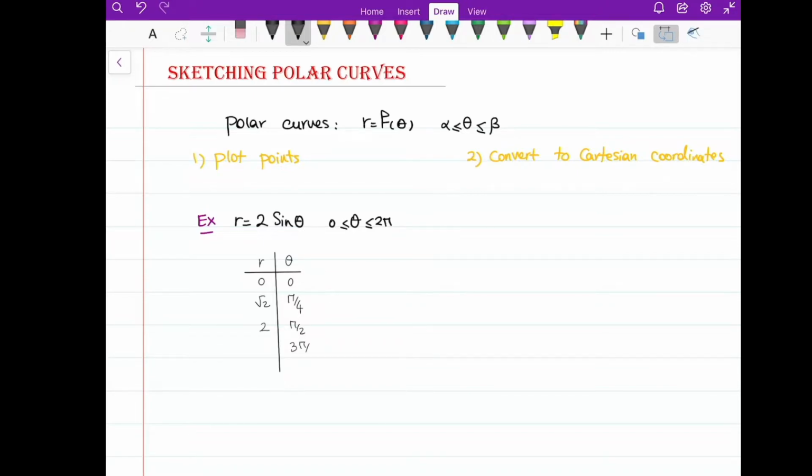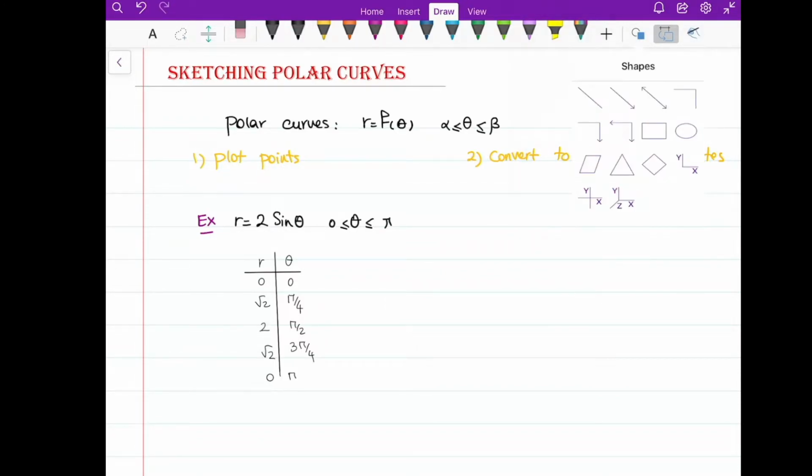Then 3 pi over 4. Sine of 3 pi over 4 would be 1 over root 2. And again, r would be root 2. And then let me go to pi. Actually, let me change the question into just pi. Okay. And then I get 0.